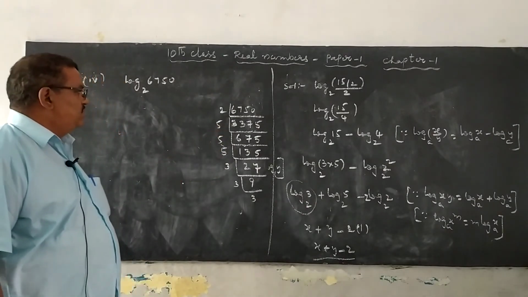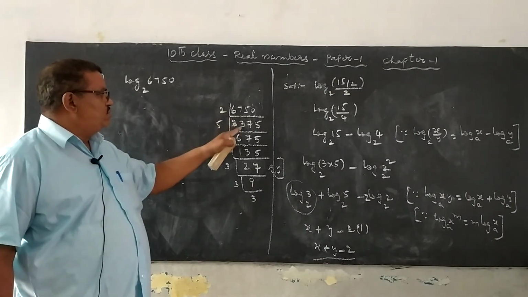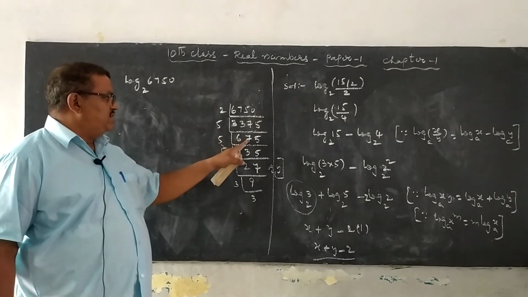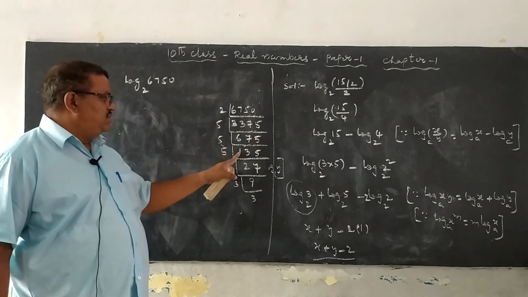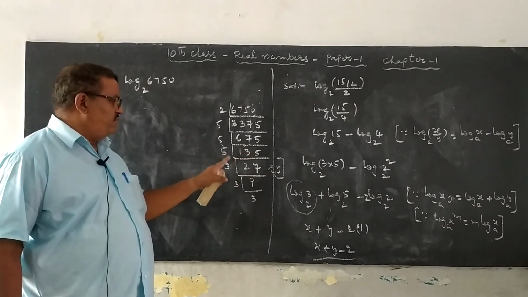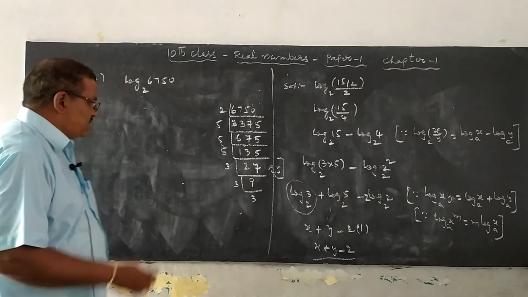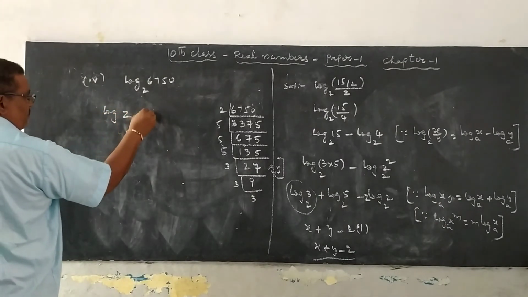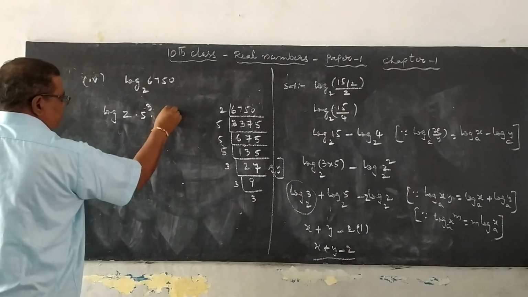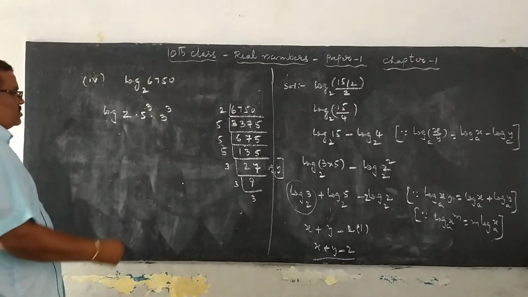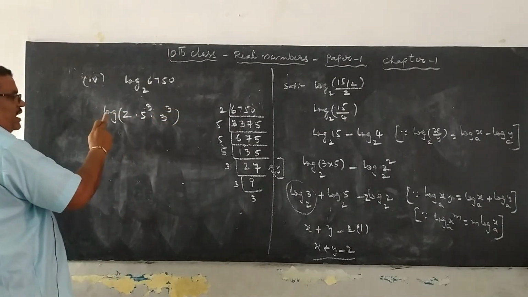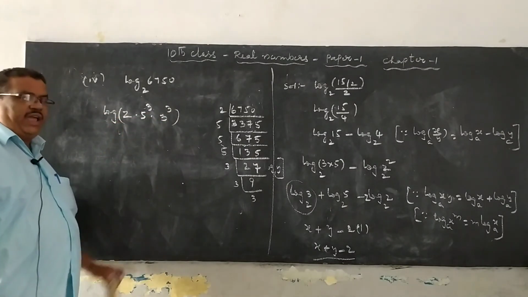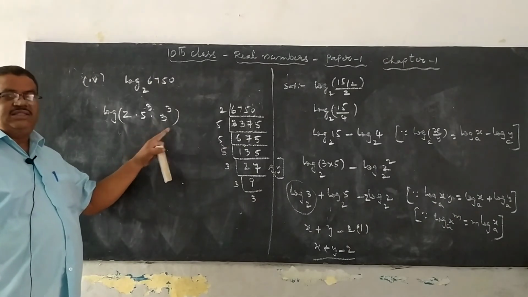So it can be written as log of 2 into 5 cube into 3 cube. This is log x, y, z, which is log x plus log y plus log z.